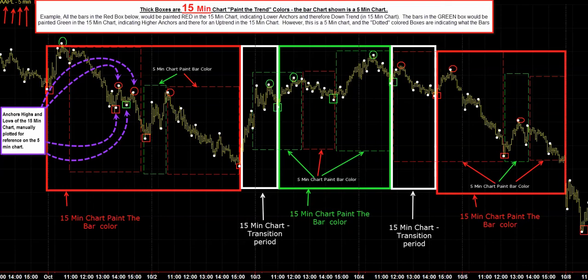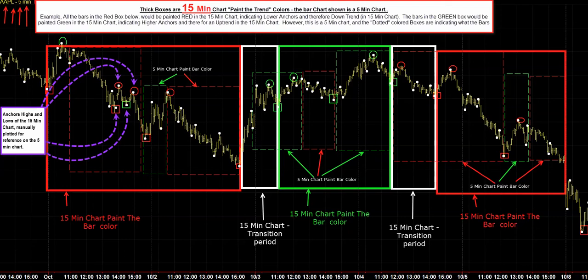The white area, right here and here, is what I call the transition period, where we come from a red downward trend with lower anchors and move into an ultimately green area, but we're unknown.